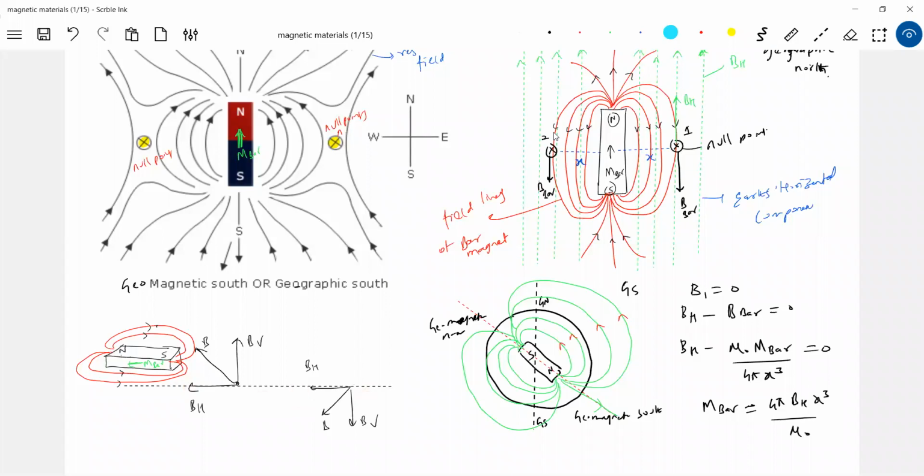Sir, what is this dotted line? This dotted line is the surface of the earth. Sir, in that figure, the lines closer to the magnet should be from north to south, no? Because closer to the magnet, BH will be less than B. No, there's a resultant field.